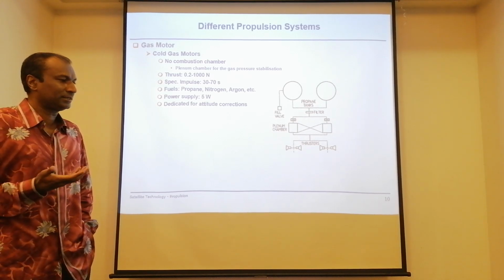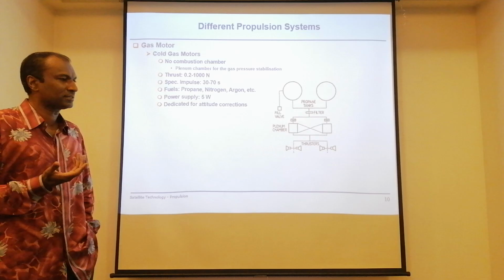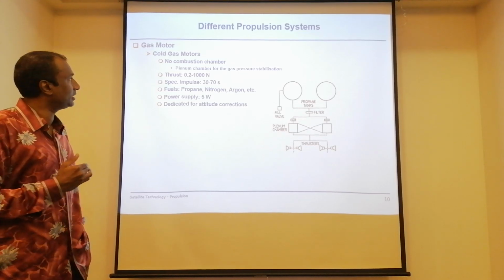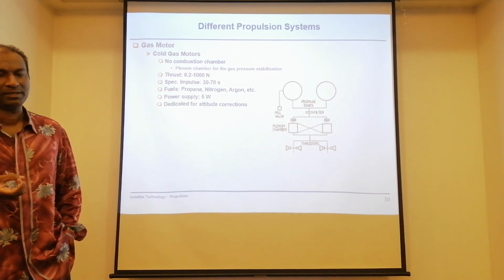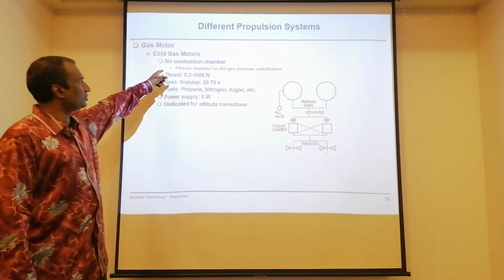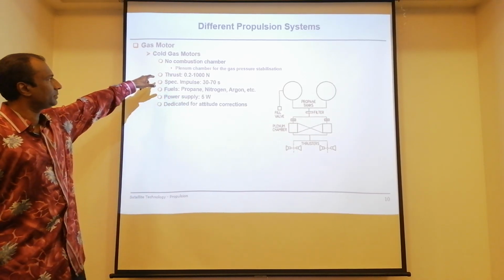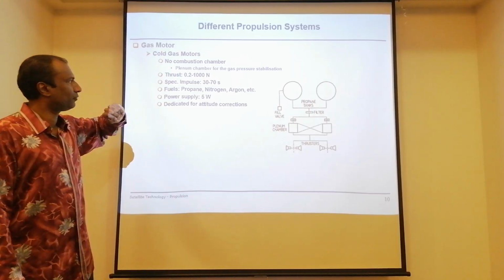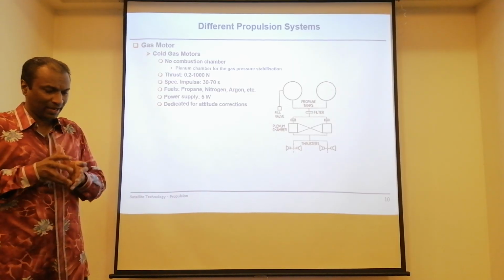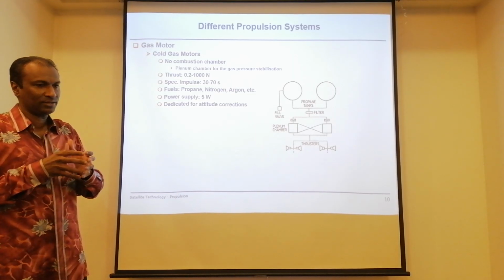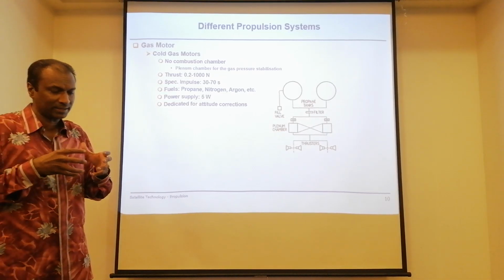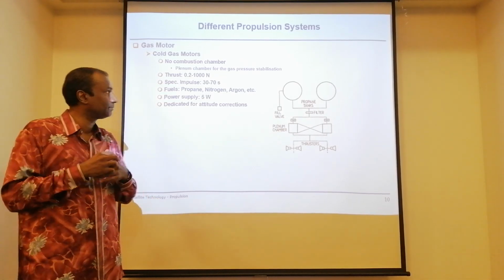The actual term also tells us: cold gas motor. So there is no chamber to burn. You don't need to actually burn, so there is no combustion chamber. Instead of a combustion chamber, you have a plenum chamber for gas pressure stabilization. So you have high pressure, but there is no burning taking place.